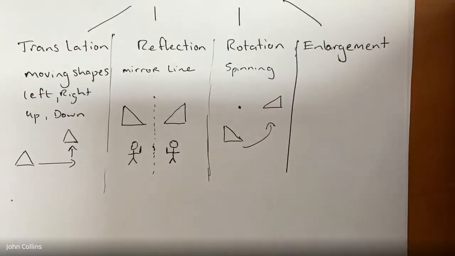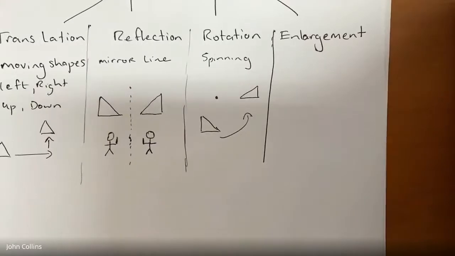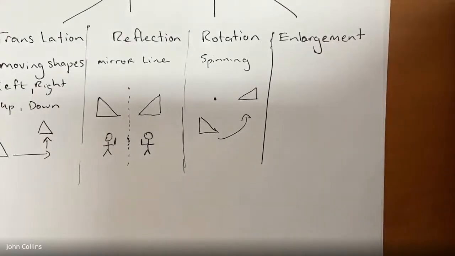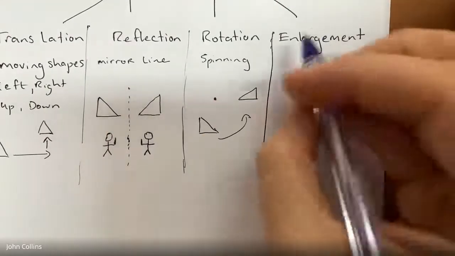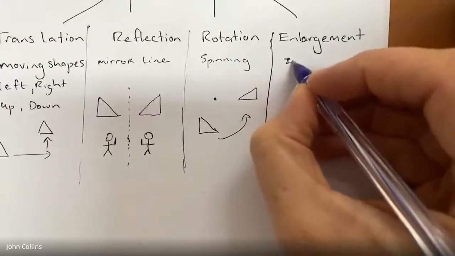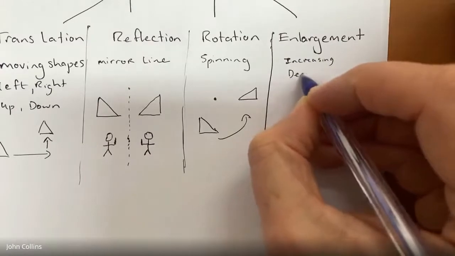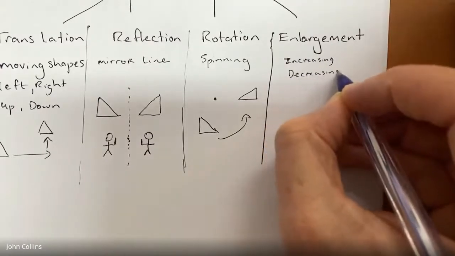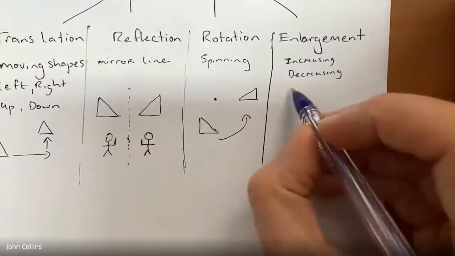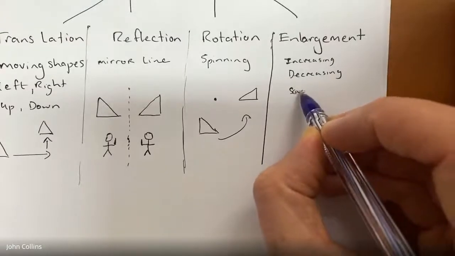And an enlargement then, well, you probably think about what this one might be. It's getting bigger or getting smaller. It's both called enlargements. Increasing or decreasing the shape size, and that depends on a scale factor.